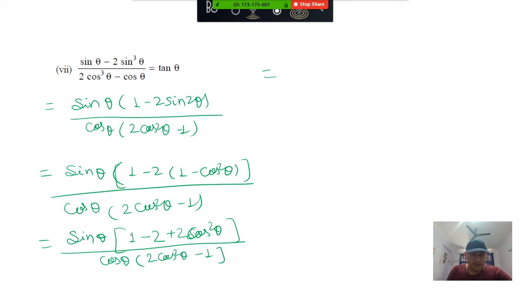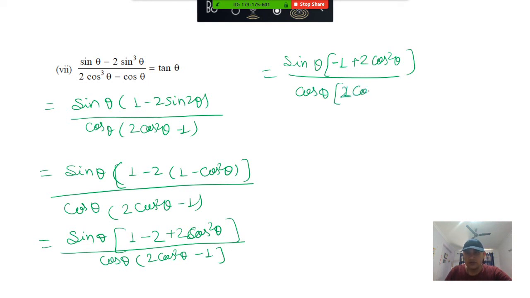In the numerator, 1 minus 2 becomes minus 1. So let's write sin theta first, and then inside the bracket 1 minus 2 becomes minus 1. So let me write it as minus 1 plus 2 cos square theta. In the denominator we are having cos theta, 2 cos square theta minus 1.